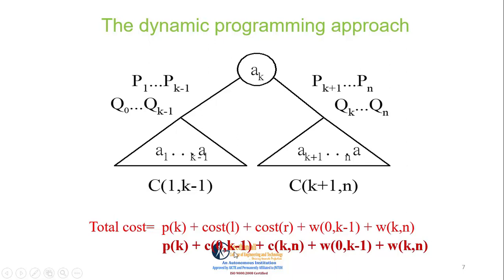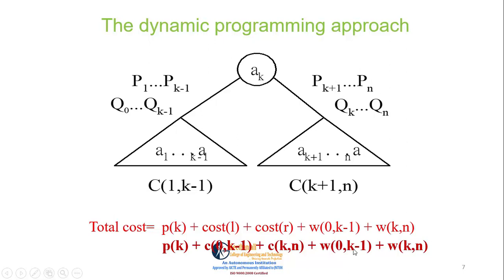That is the left subtree. Similarly, C of k comma n contains A of k plus 1 to A of n and Q of k to Q of n. You can see here in the right part of this particular diagram.